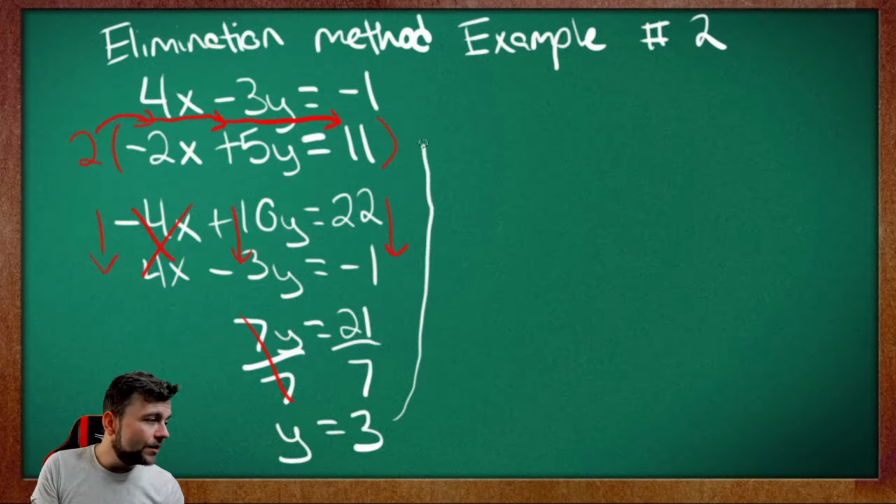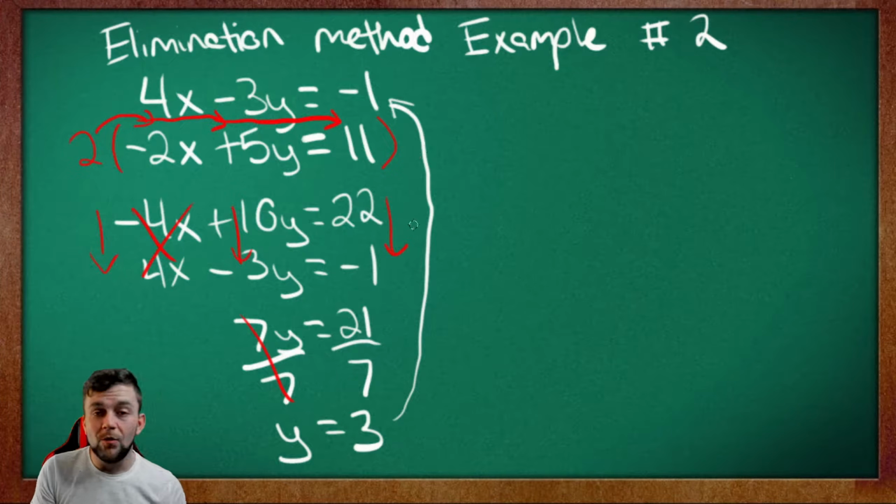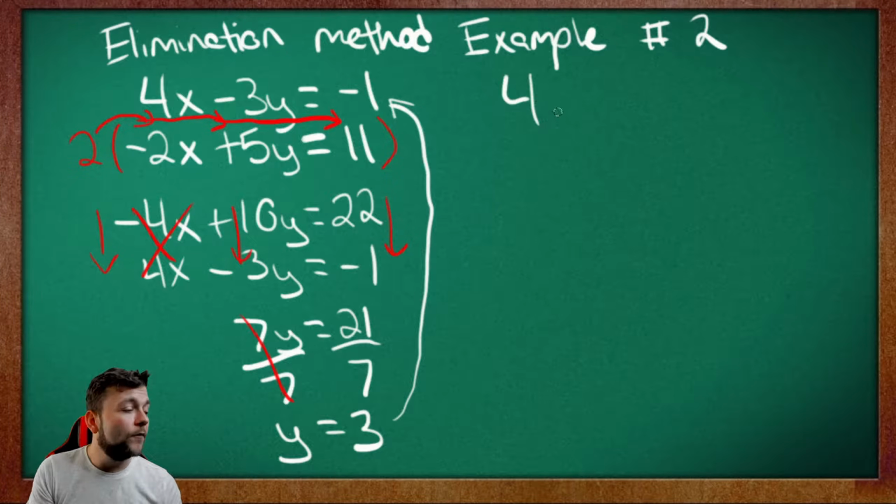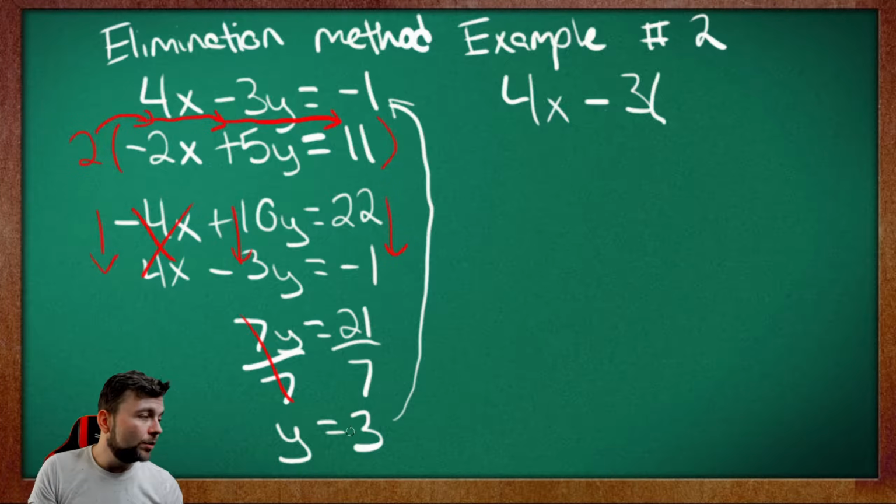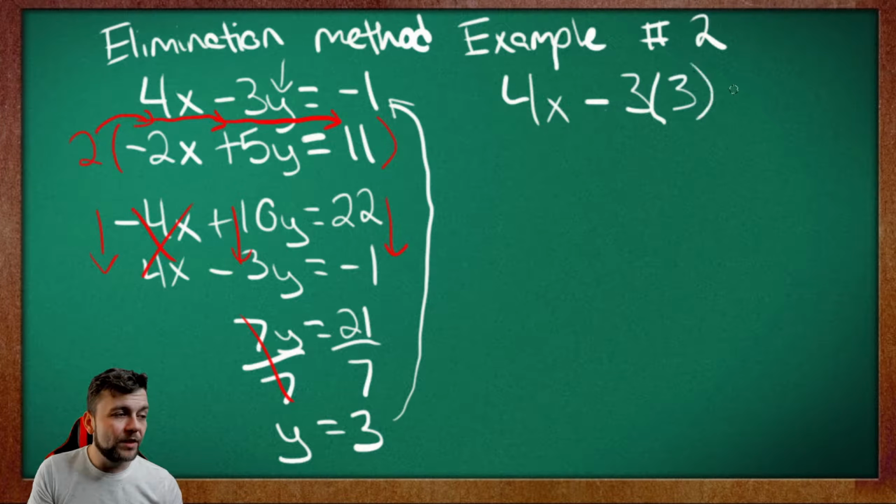Okay? What do we do? Take this, bring it back in, and plug it into one of your equations. We're going to do that top equation. So we have 4x minus 3, and then parentheses, replace this y with the 3, and that equals -1. So what is 3 times 3? It is 9.